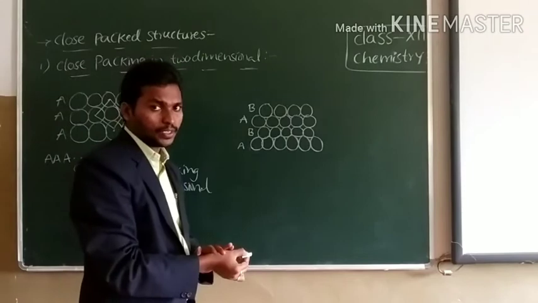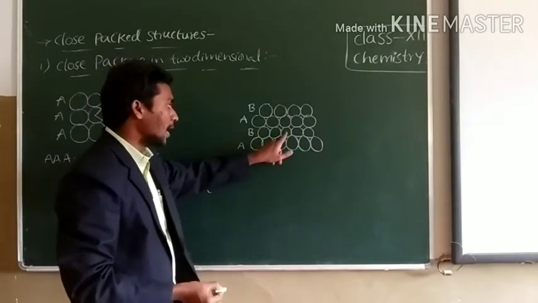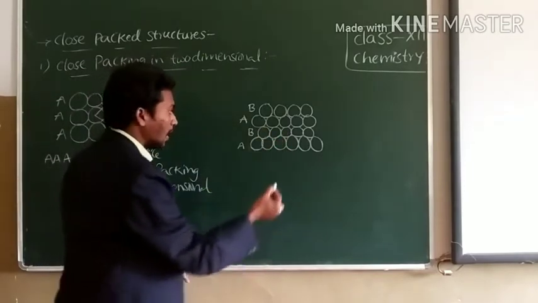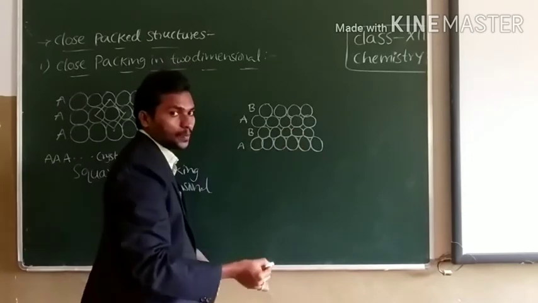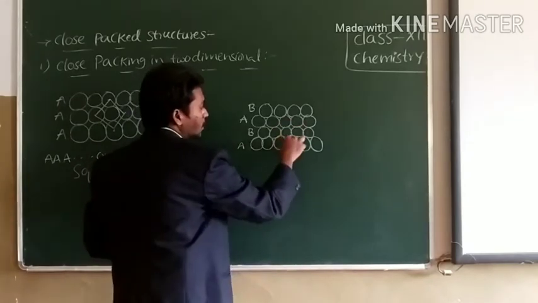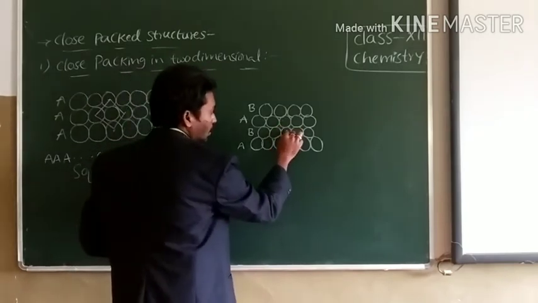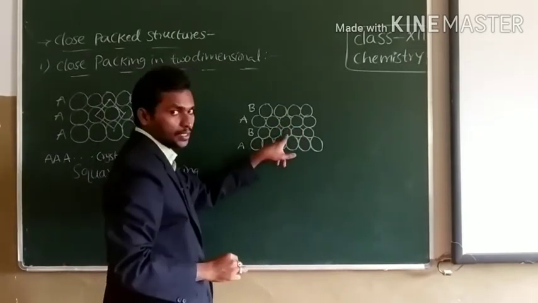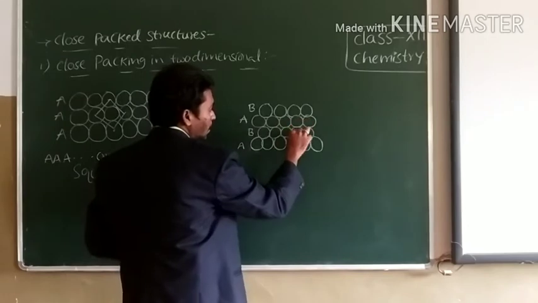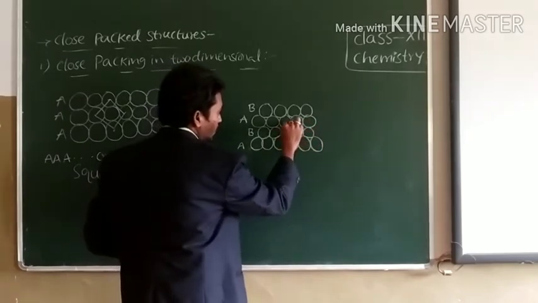What can we observe here? When you see an atom in this arrangement, an atom or sphere is surrounded by 6 nearest neighboring atoms. I am representing it here, children. This is the sphere we consider here, and it is surrounded by 6 neighboring atoms.